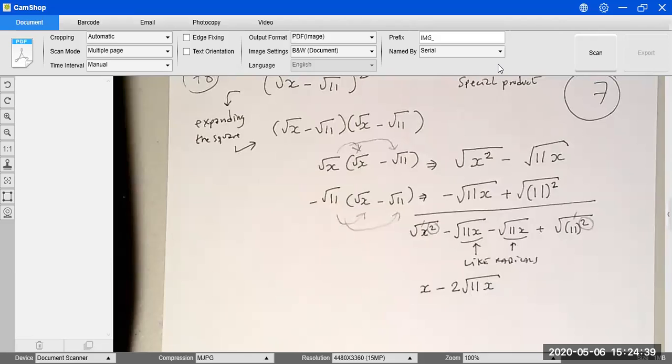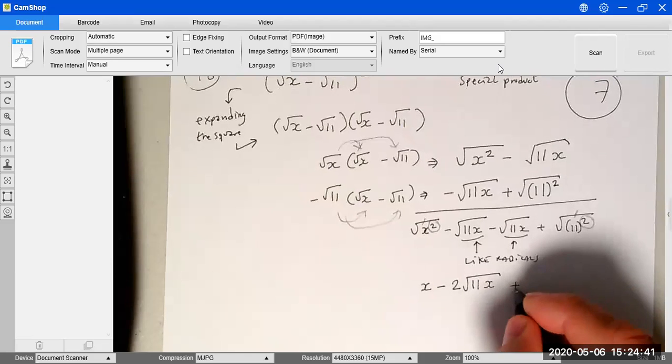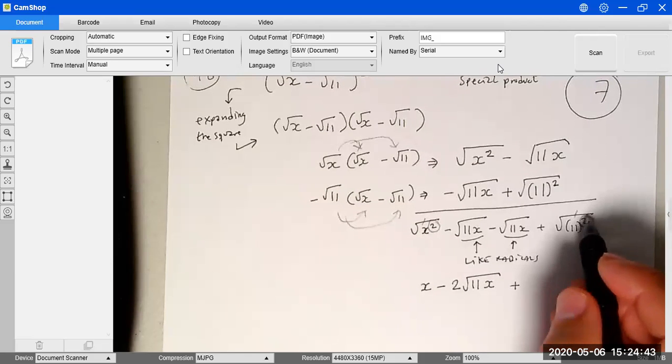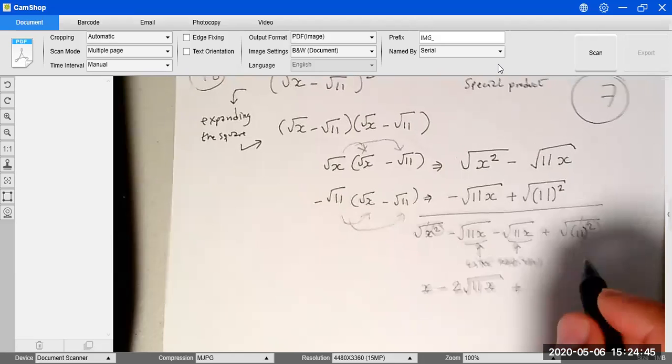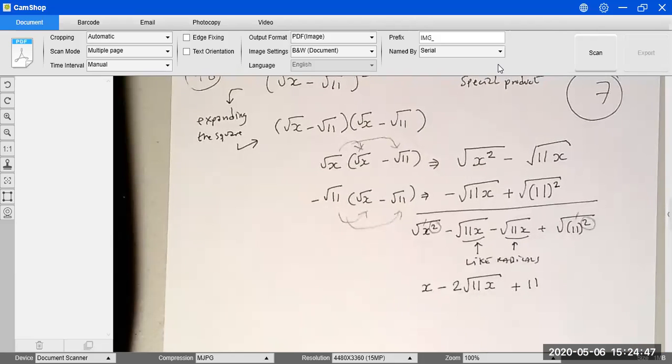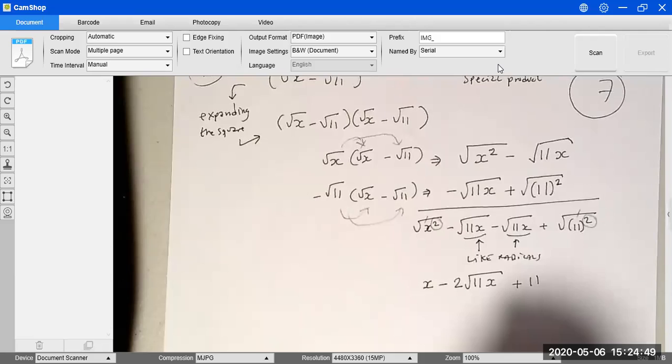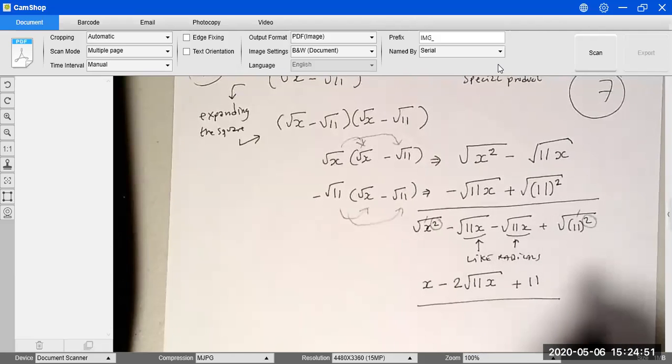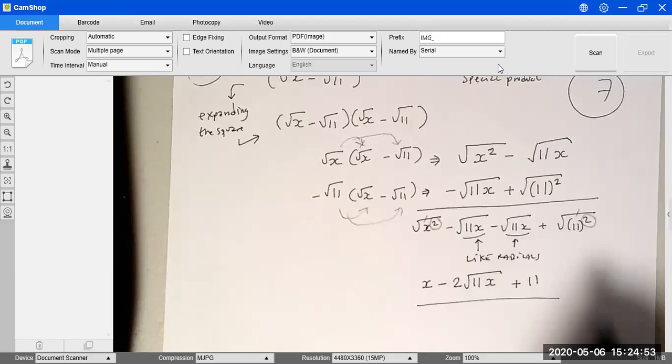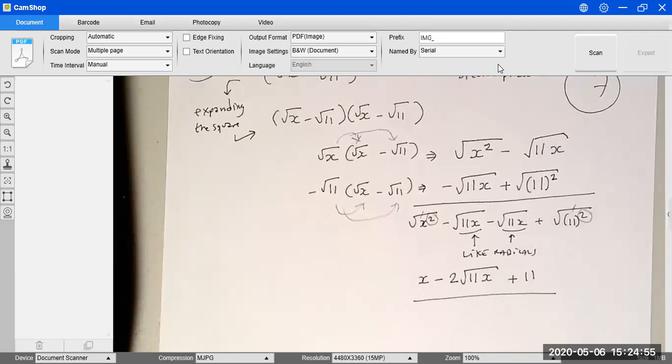Then I have plus, and then what is left from removing the exponent and the radical is just 11. So that's the final answer, because you cannot do anything else. You cannot combine 11 and x, or you cannot break this radical.